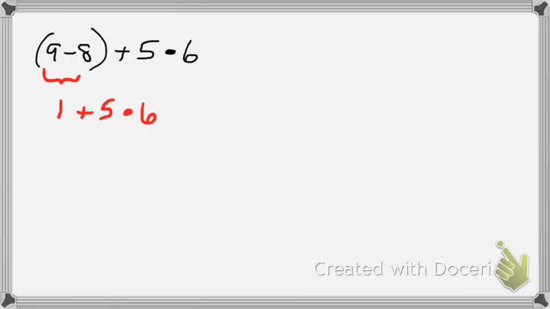You see any exponents up there? No. I don't either. So we're going to skip exponents, and we're going to move to multiplication. 5 times 6. You have 6 nickels. How much money do you have? 30 cents. Very good. And then we're going to add a penny, and we have 31 cents.